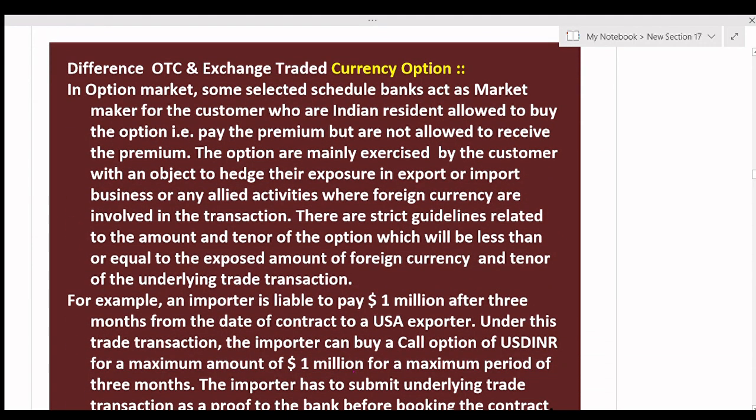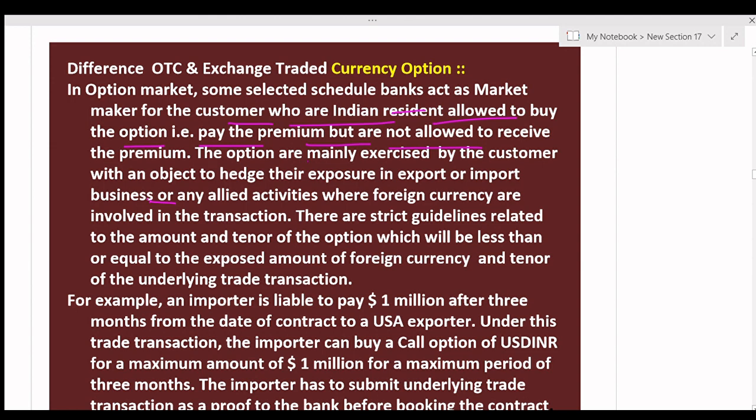Difference between OTC and exchange traded currency option. In the OTC option market, some selected scheduled banks act as market maker for customers who are Indian residents, allowed to buy the option, that is pay the premium, but are not allowed to receive the premium.